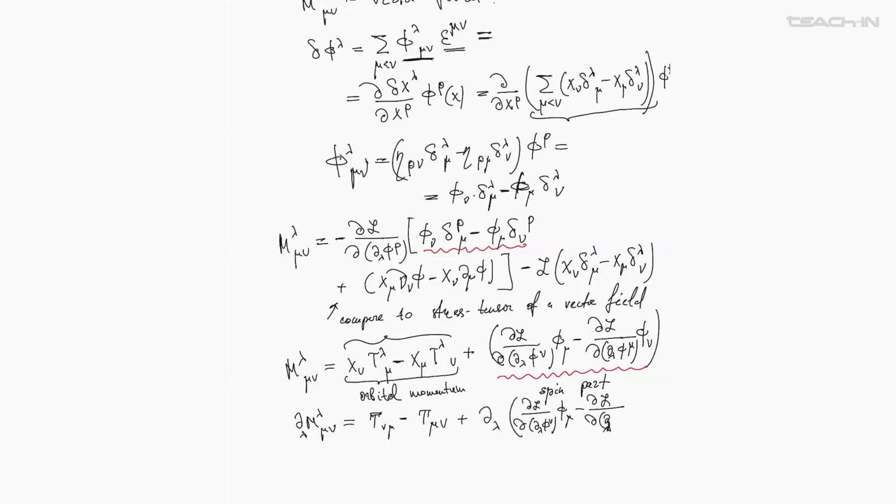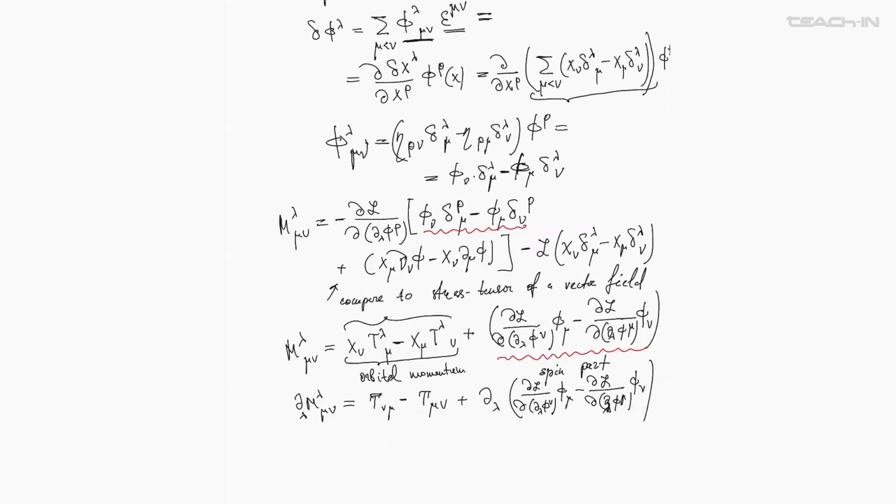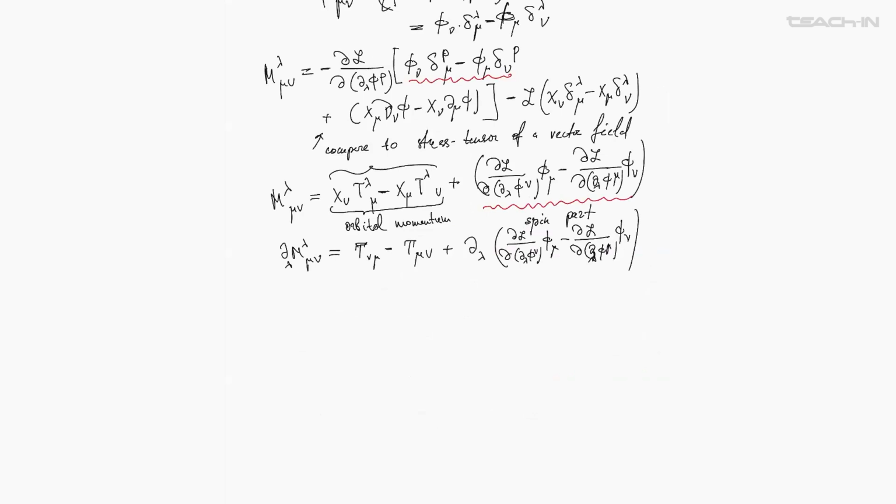And from here, you cannot actually conclude that the spin part and the orbital part are separately conserved. You see that this will be the case, a separate conservation of the orbital part and the spin part, only if the stress tensor is symmetric.